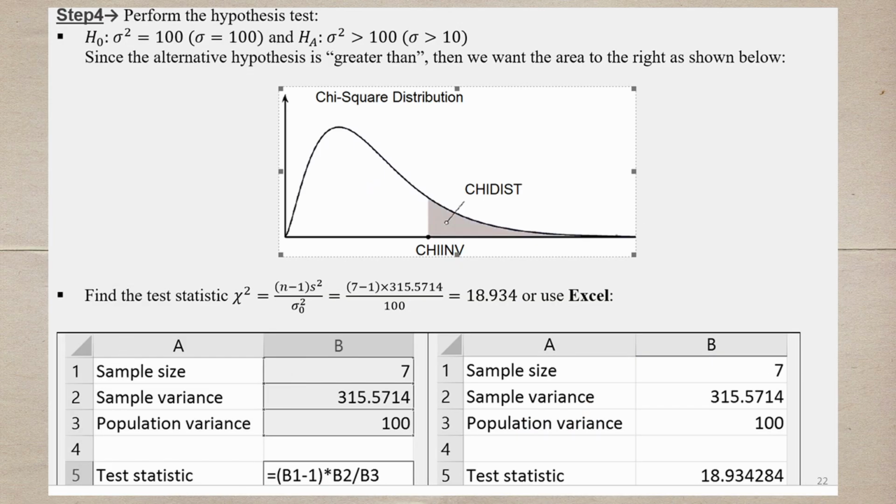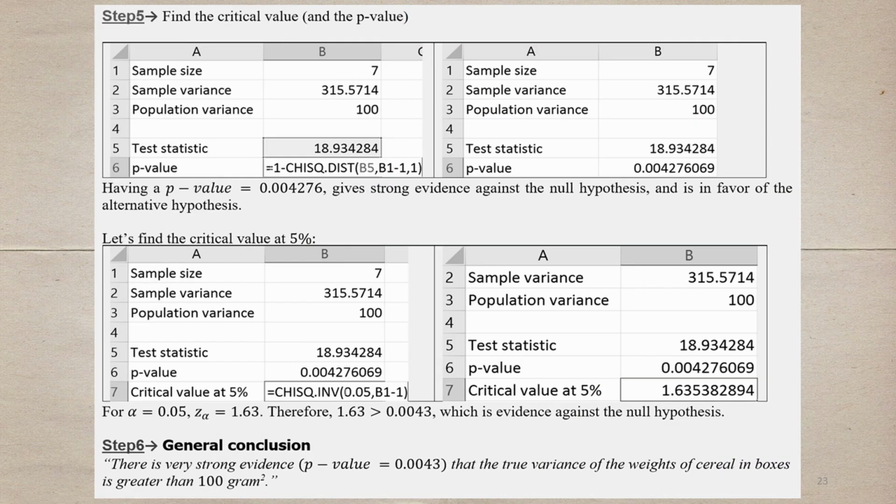Step 4. Find the test statistic by using Excel as shown. Enter the sample size, sample variance, and the hypothesized population variance as shown, and compute the test statistic to find 18.93. In Step 5, you may either use the p-value or the critical value.